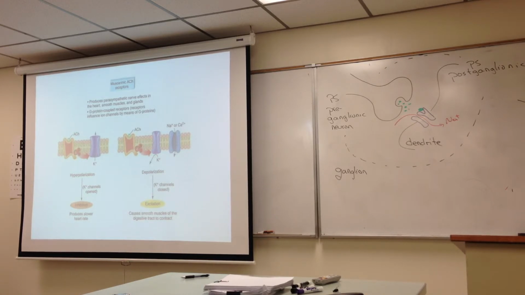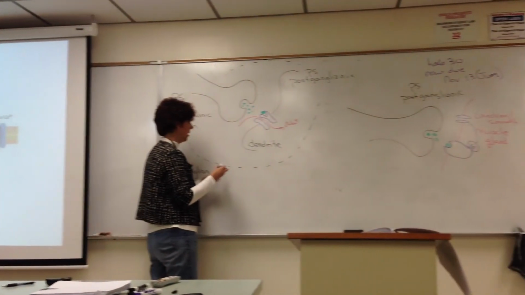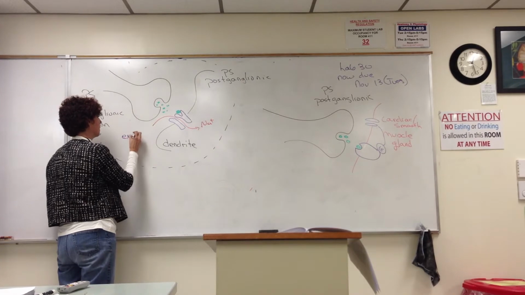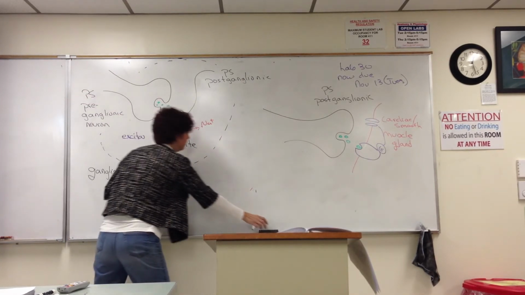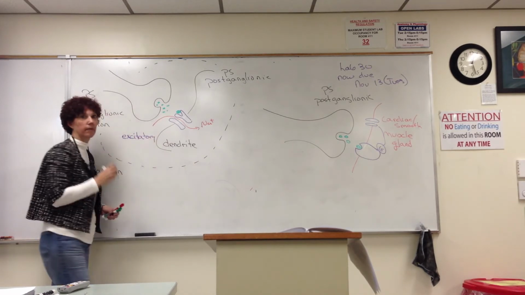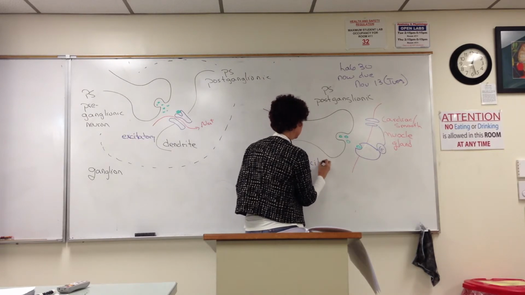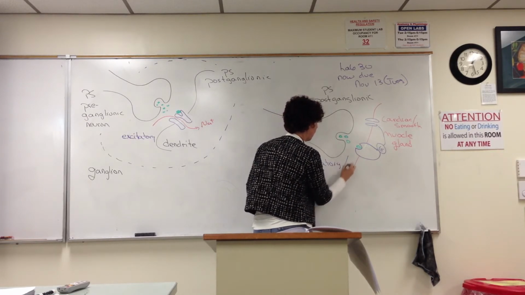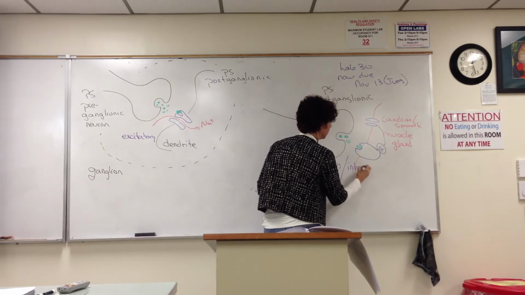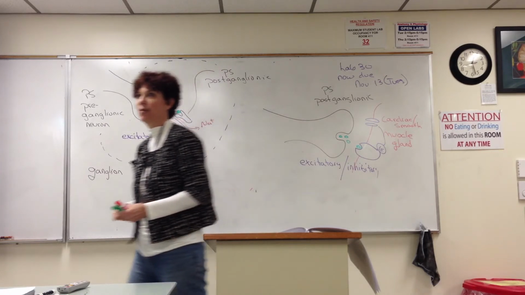All right? So our ionotropic receptors, this is always excitatory. Between the pre and the post ganglion, when acetylcholine is released, it's always going to result, if there's enough of them, in depolarization. Okay? This can be excitatory or inhibitory, depending on what it does to the potassium, sodium, or chloride channels.